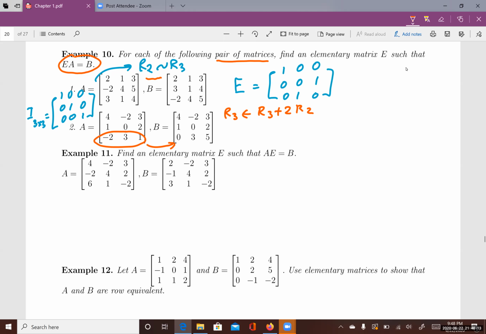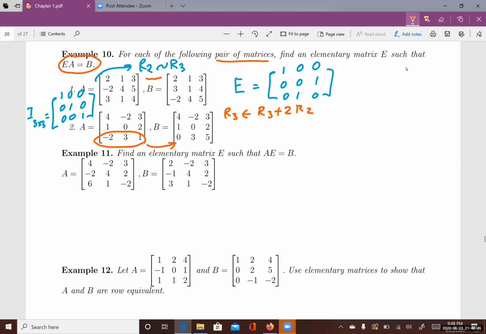Then you can check. The first entry works because -2 plus 2 times 1 is 0. The second, 3 plus 2 times 0 is 3, works. And 1 plus 2 times 2 is 1 plus 4 is 5, so that works. That means this is the row operation you apply onto A to get B in this step.